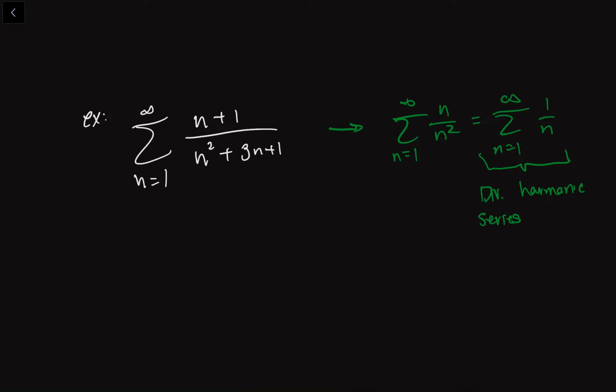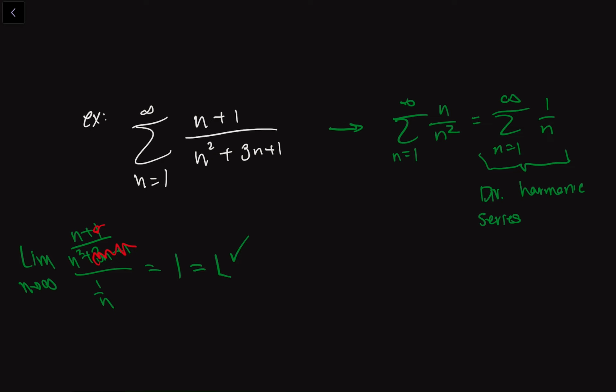So we can compare it with that using the limit test, the limit as n approaches infinity of a sub n over b sub n. And like I said, this stuff's not really going to matter at infinity. N over n squared over 1 over n is just equal to 1, which is a finite non-zero number.